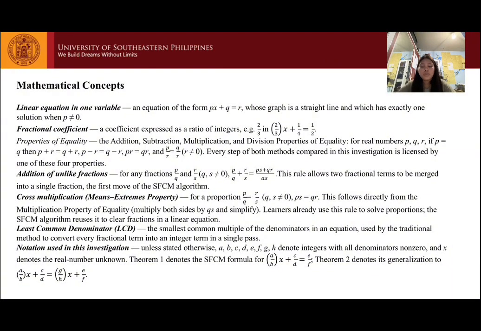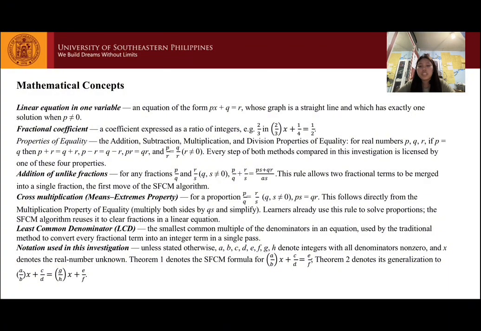So we also use the rule for adding unlike fractions, which allows two fractions to be combined into a single fraction. Another important concept is cross multiplication, also known as the means extremes property, which states that in a proportion the product of the means equals the product of the extremes.